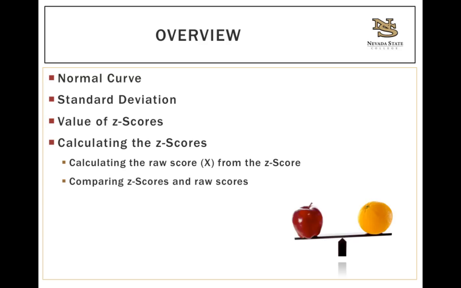So often we'll move from one distribution to another, and z-scores allow us to move from one to the other, even though their scales might be very different, even though their means and standard deviations might be very different. So again, being able to compare apples and oranges. And finally, we'll end with the z-distribution, which is a very specific distribution using z-scores and taking advantage of that normal curve.